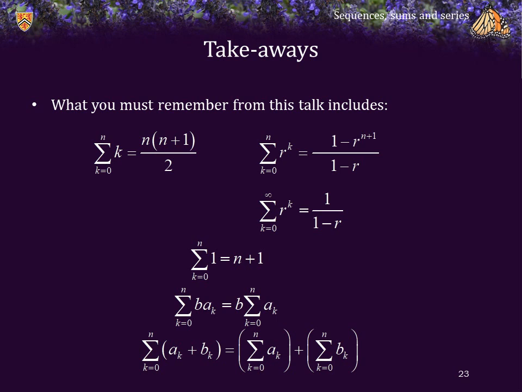You'll also have to remember that the sum of 1 going from k equals 0 to n is just n plus 1. We can factor out a common term of b if every single term is multiplied by b, and if we have the sum of two common terms, that is equal to the sum of the first term plus the sum of the second term.